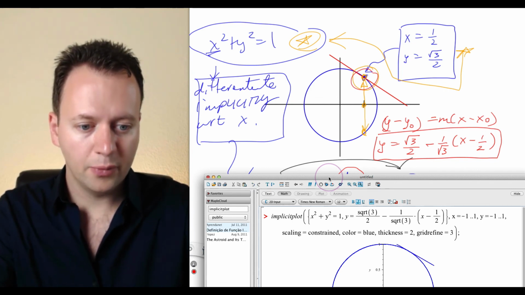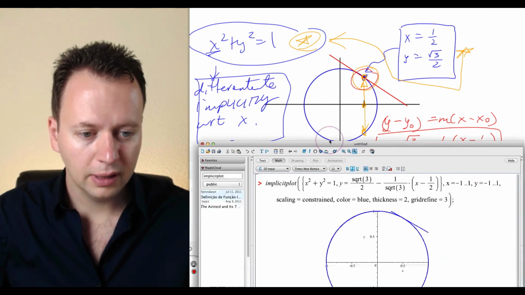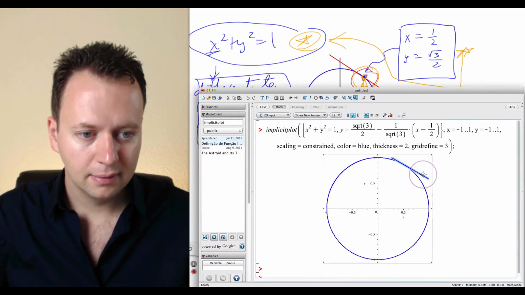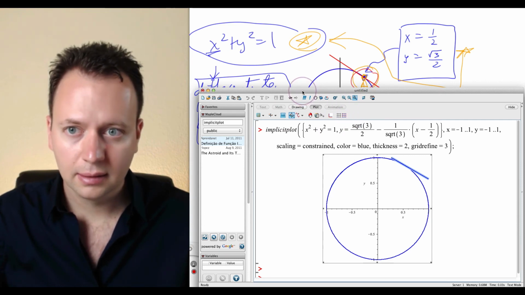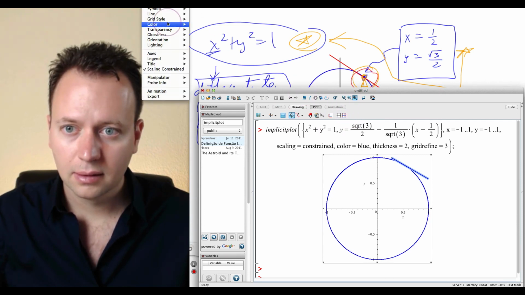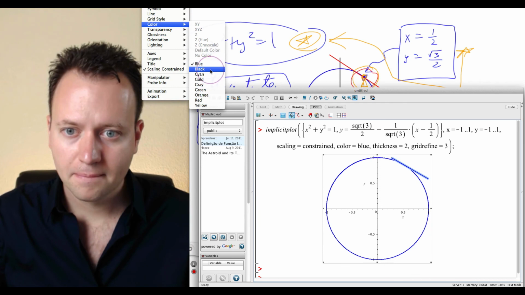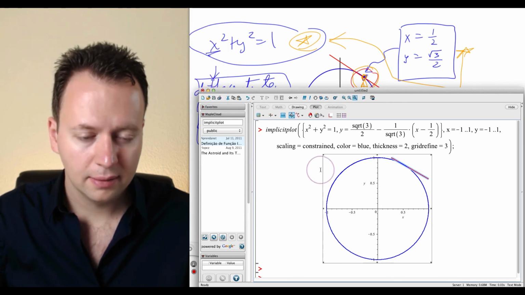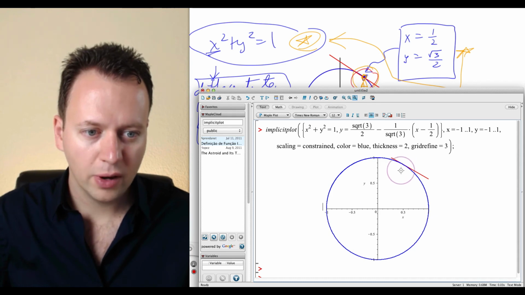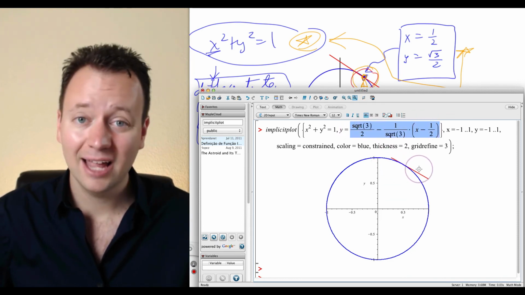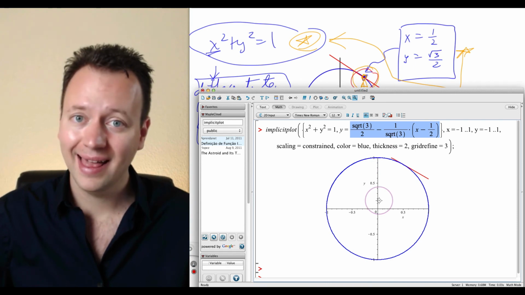So I'm going to plot both of these concurrently, and let's make that one red. So you can see that here's the point (1/2, root 3 over 2), so that's right above the 1/2. And this equation that we just derived is indeed the tangent line to the circle at that point.